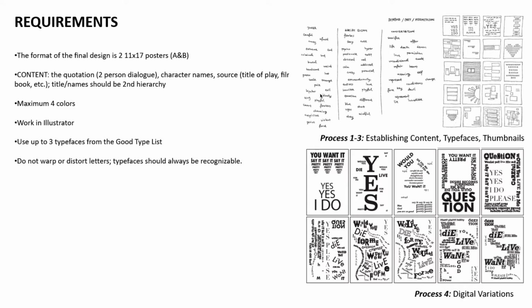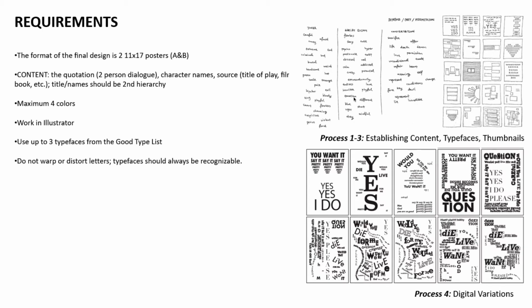And these are little examples of the process and how that's going to work. So process one, you establish the content, this person, the Joker or Harley Quinn, and I'll make a video for the process as well. But this is just giving you a quick overview of what the process looks like.